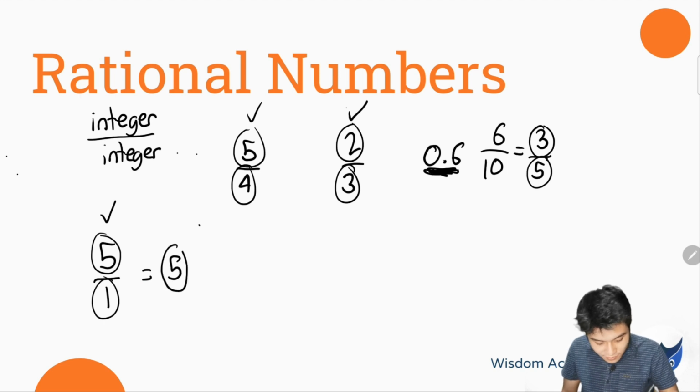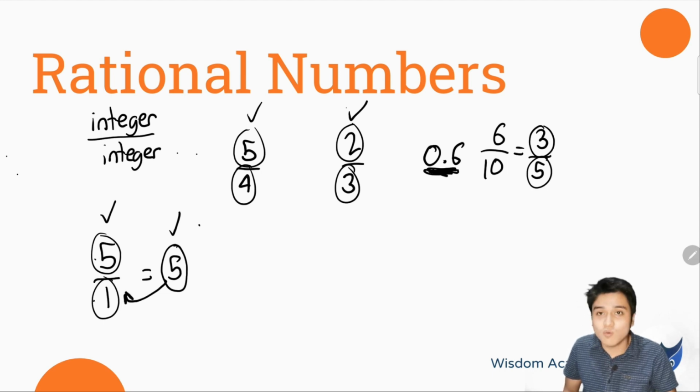So, therefore, 5 itself is a rational number kasi pwede mo siya i-express as a quotient of two integers, which is 5 divided by 1. So, anong takeaway? Anong gusto kong iparating sa inyo dito? Na lahat ng integers, lahat ng whole numbers, lahat ng natural numbers, lahat yan ay rational numbers.